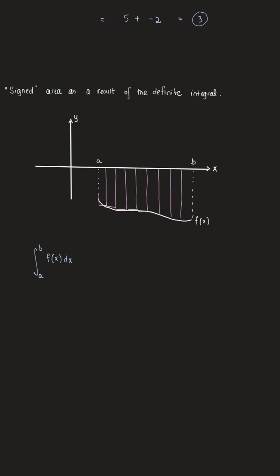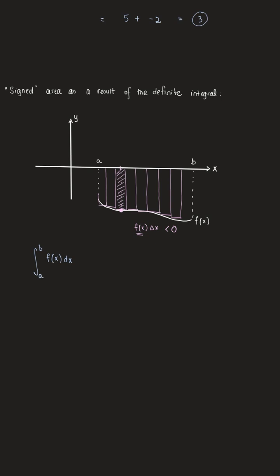What we used to calculate the area of the rectangle is we sampled a value in each subinterval to get the height. But notice here that when we form the product of the height f of x times the width delta x, for this rectangle that I'm shading, this number will be less than 0 because f of x is the y value of the function, and that y value will be negative underneath the x-axis.